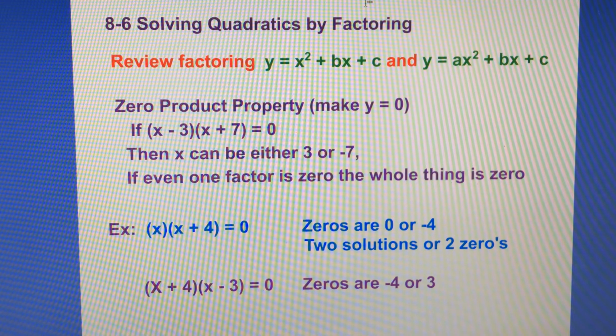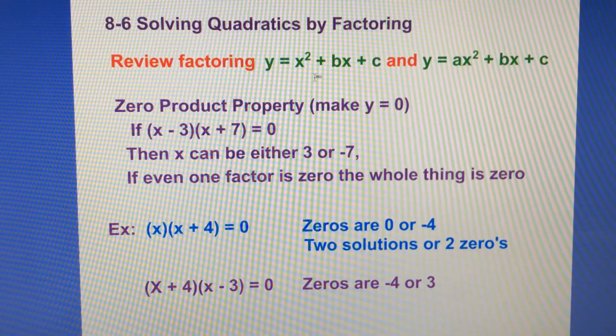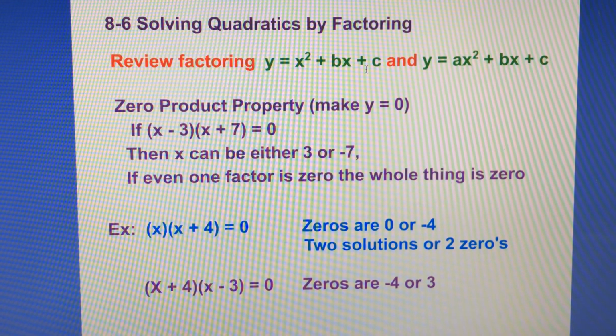Remember Daniel's method? Go back to chapter 7 and all the 7 slides if you don't. So a little review of factoring. You can have y equals x squared plus bx plus c, or y equals ax squared plus bx plus c.